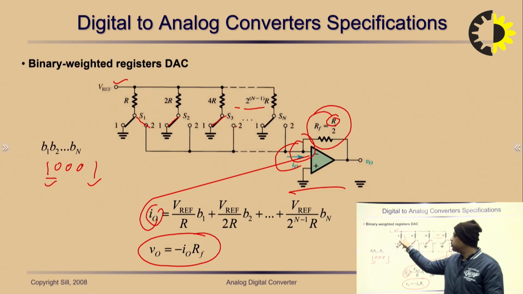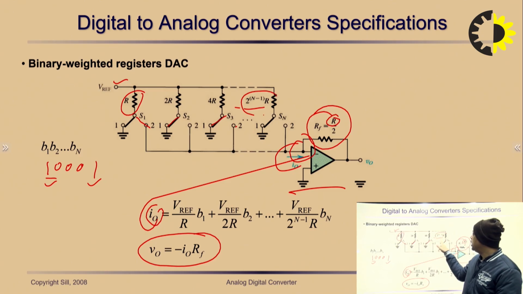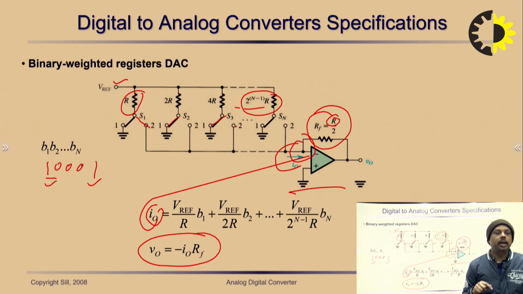The small resistance takes a very small space, while the 2 to the power n minus 1th resistance takes a very large space on the IC. So this converter is generally replaced by the R to 2R ladder due to the variation in the resistance values.